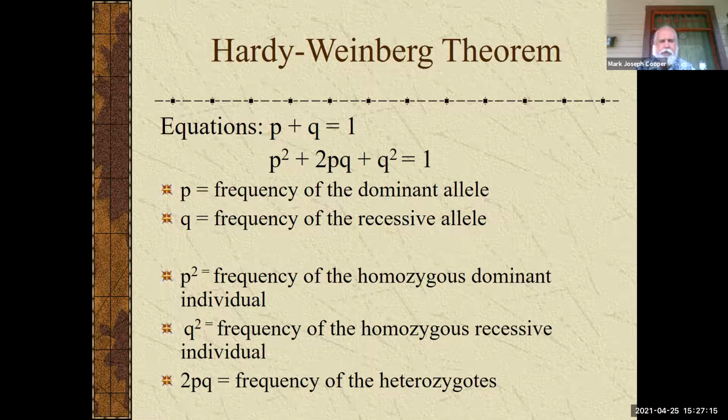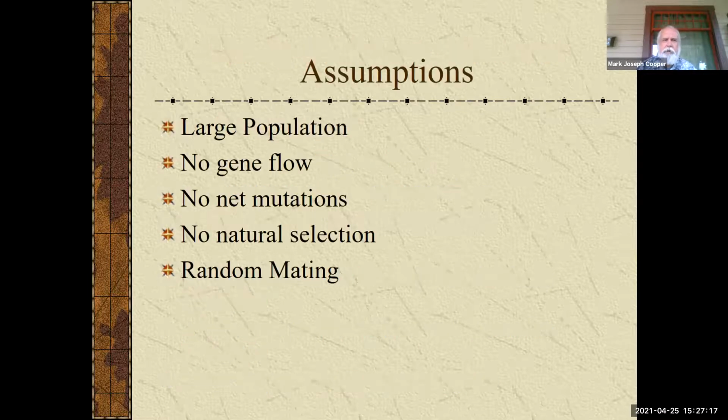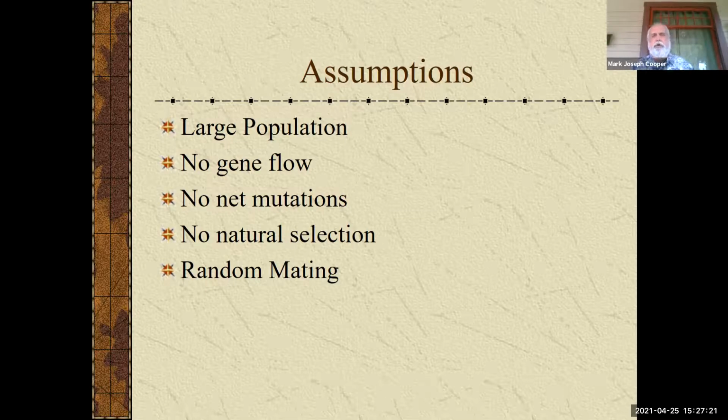With that being said, there are assumptions: this theory only works if there's a large population, if there's no gene flow, and gene flow is the idea of individuals entering or exiting the population. So if something's coming into a population, we call that immigration. If something's leaving, we call that emigration, E-M-I.